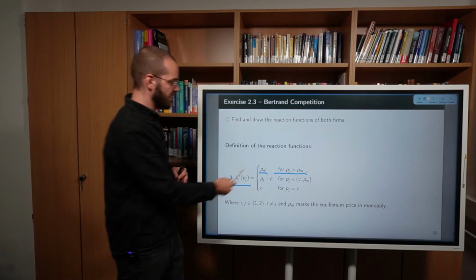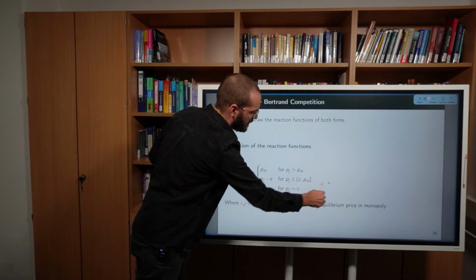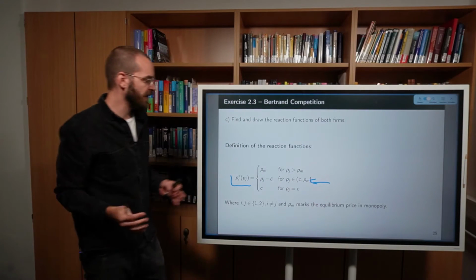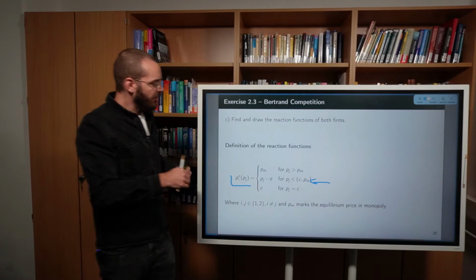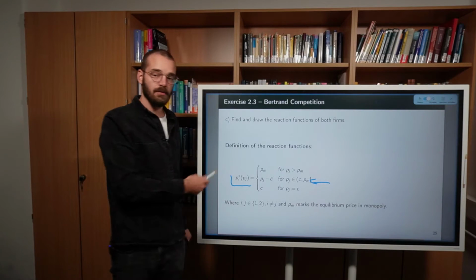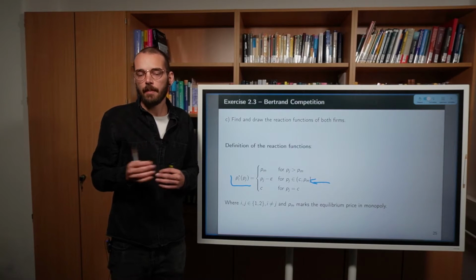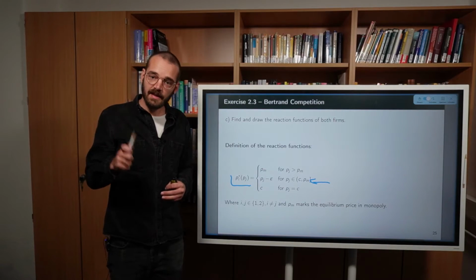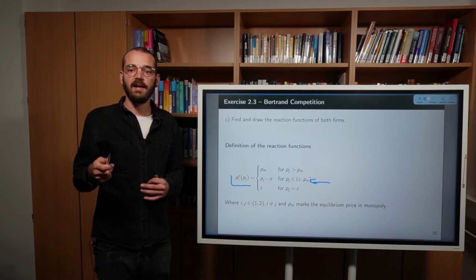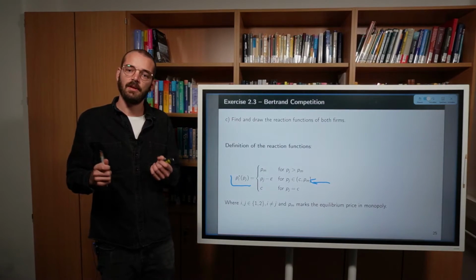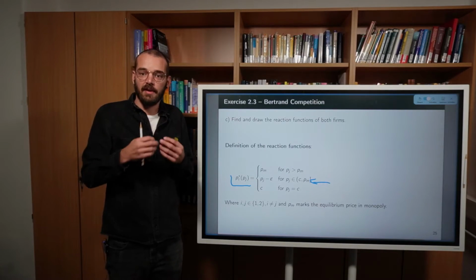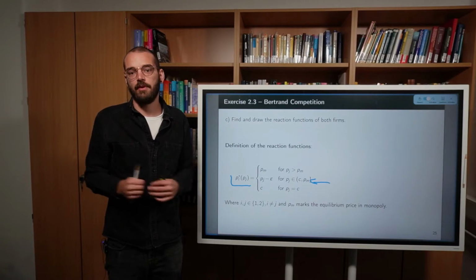Well, for any price of firm j, of the competitor, that is at most the monopolist price, it is profit maximizing for firm i to slightly undercut and thereby draw the whole demand and serve the whole demand.